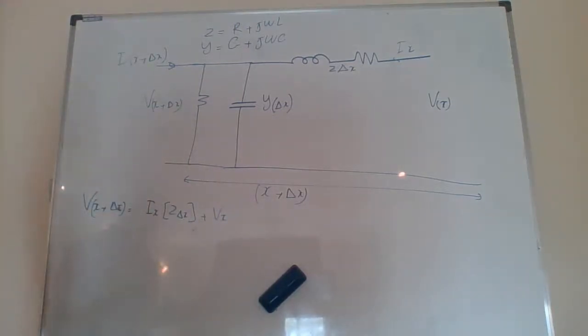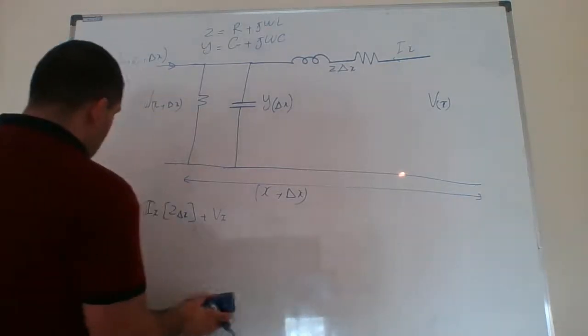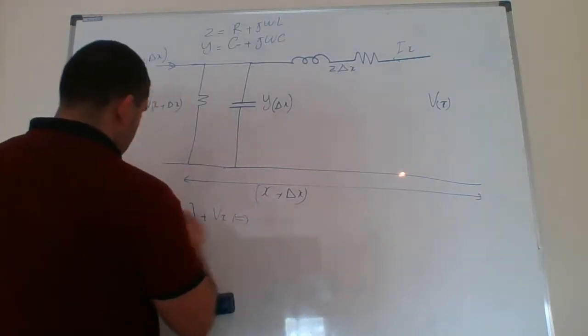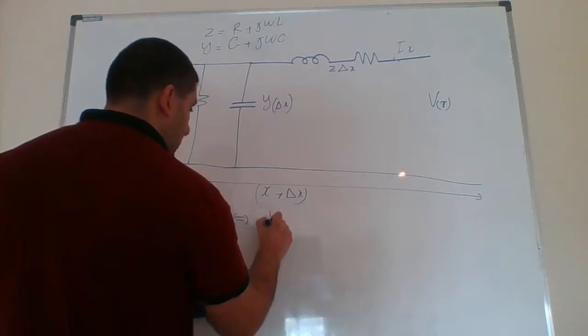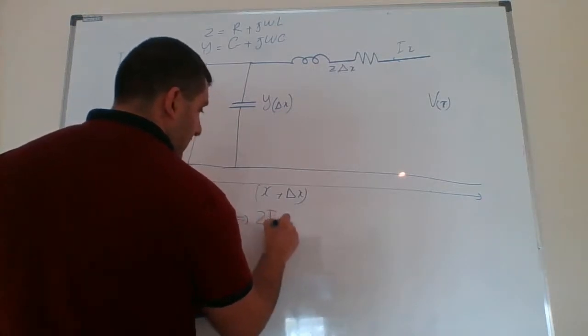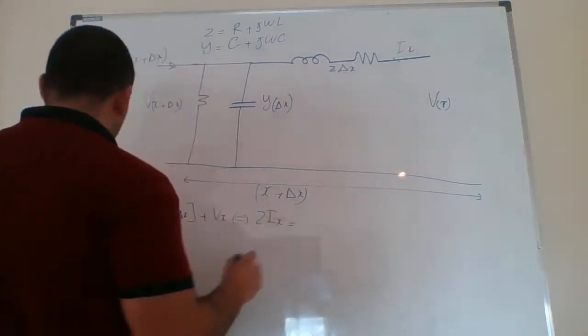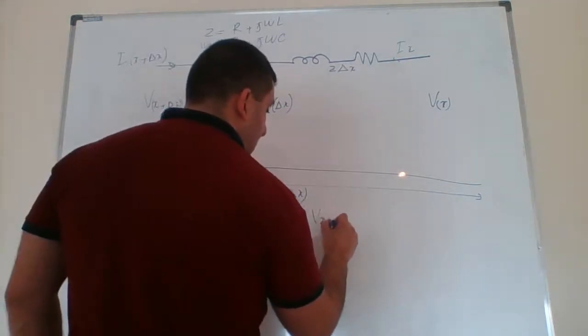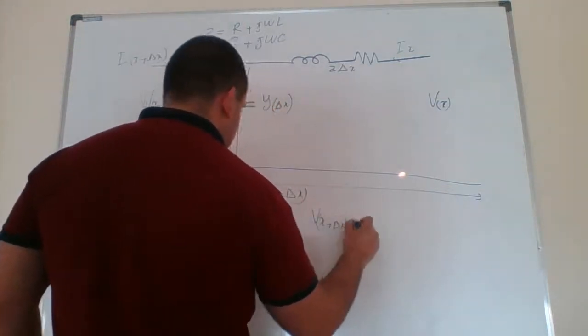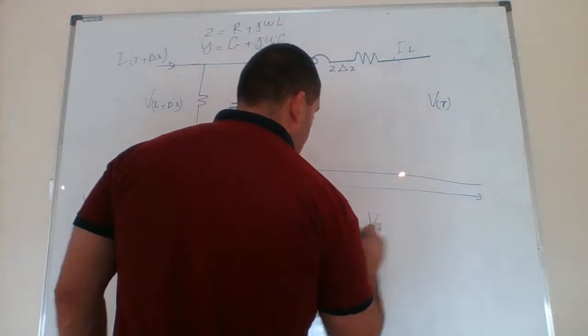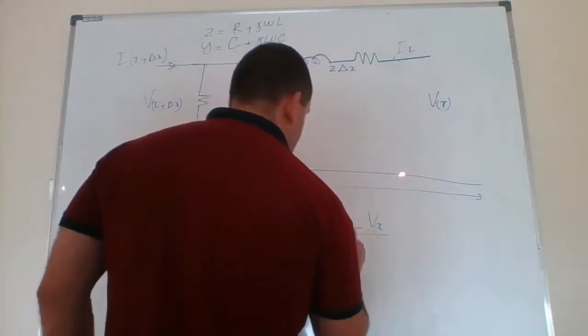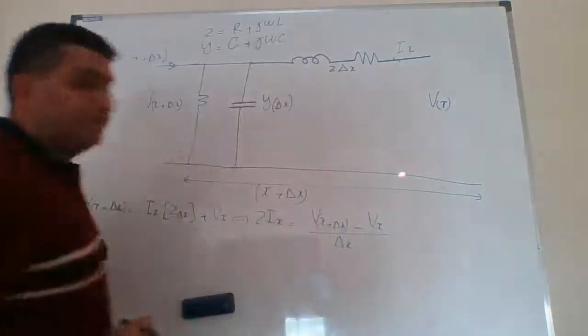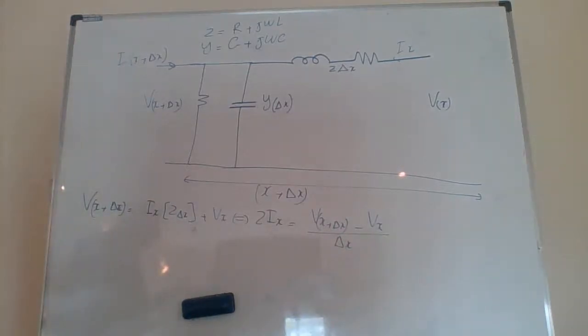I can rearrange this equation to be Z Ix equal to V of X plus delta X minus Vx, over delta X. That's all I did.